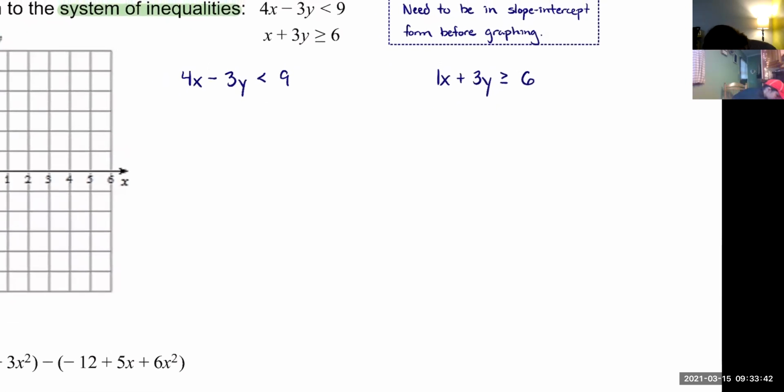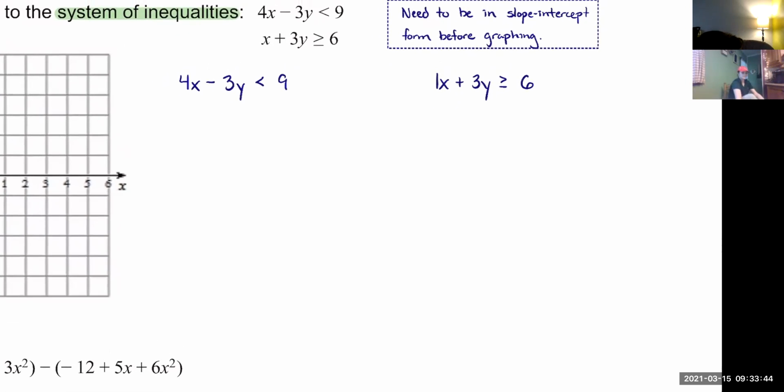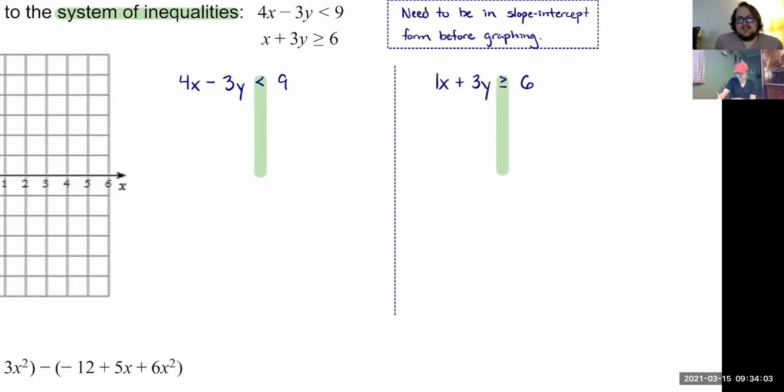Set up my workspace here a little bit. Then put in some guidelines here, because similar to equations, we can manipulate them by moving pieces around. I think we're about ready to go.